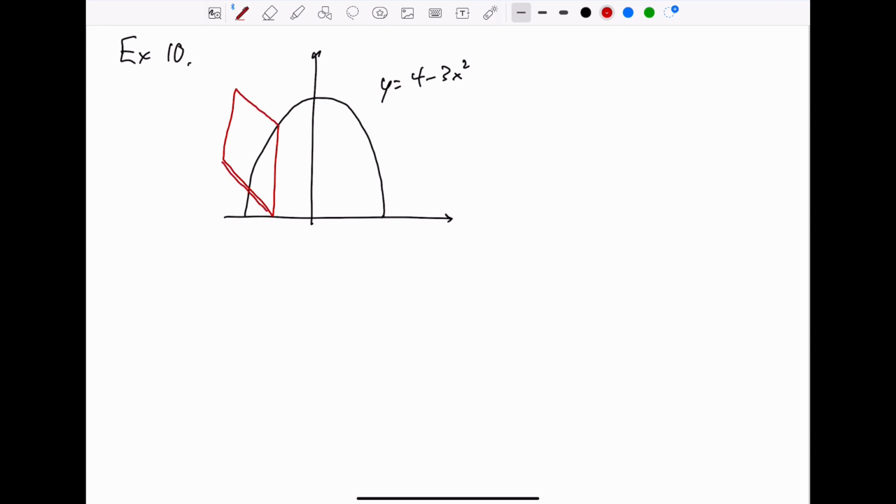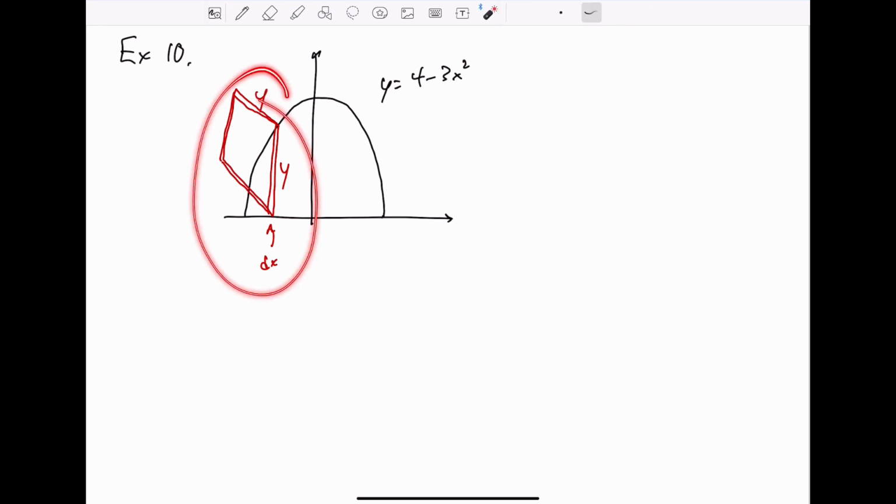We have some little bit of thickness here, which is a distance along the x-axis. So we'll call this thickness here dx, and the height is simply the y value of the function. So this side length we could call y, and it's a square, so it's a y by y square. We have a rectangular solid.